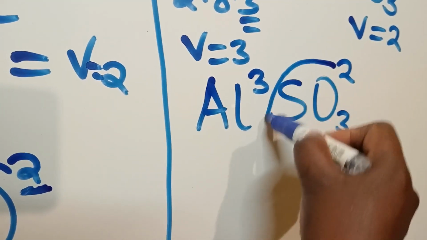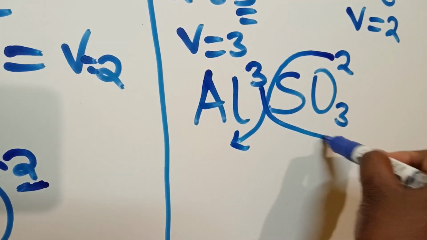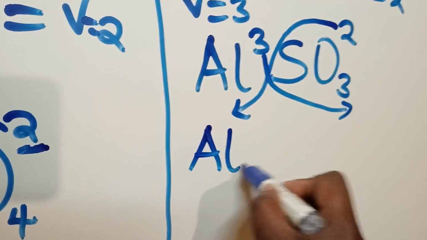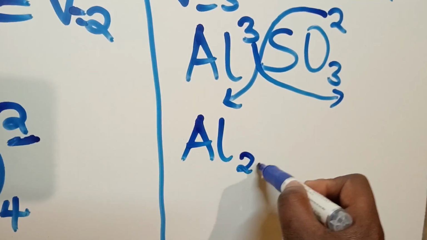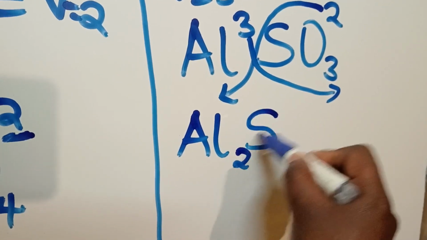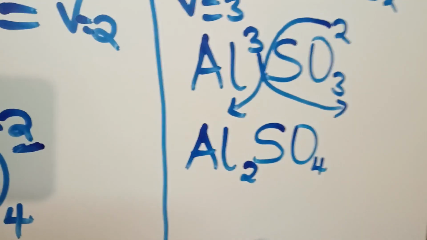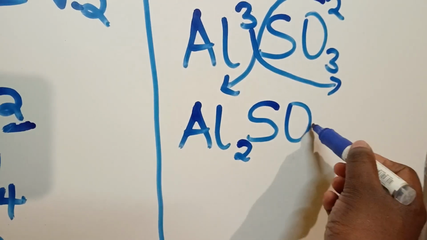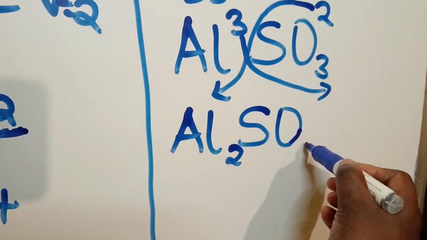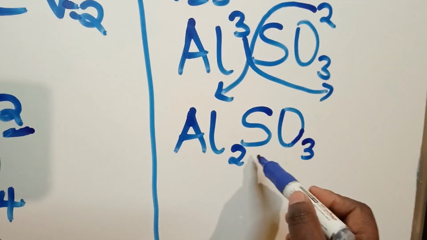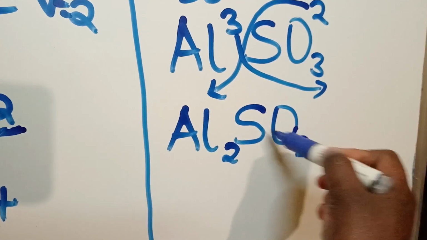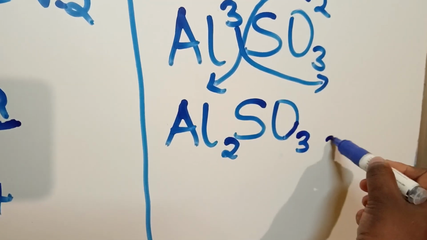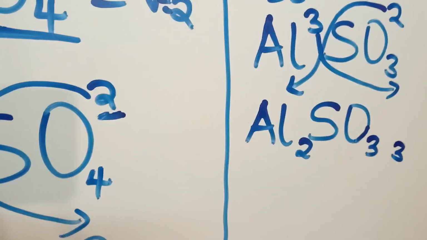So I want to show you something about the introduction of the brackets. So aluminium takes the 2 from the sulfite, and the sulfite takes not the 4 but the 3, because in case we put a 4 it will be the sulfate, but you are dealing with the sulfite. And then there was the 3 that was for aluminium. It will also be introduced there.